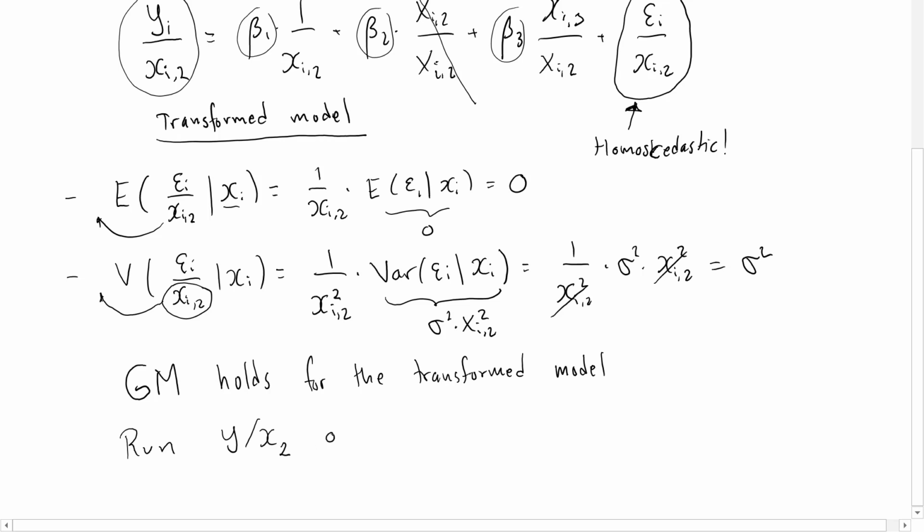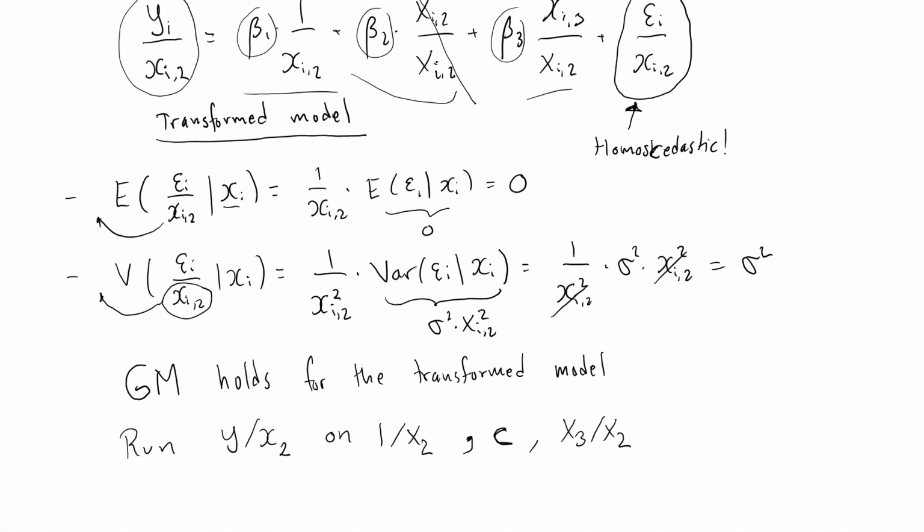So y divided by x2, that's my new dependent variable, on first 1 over x2. The second explanatory variable will just be a constant, beta 2. So that's my c. Let's write constant here. And the final one is x3 over x2.